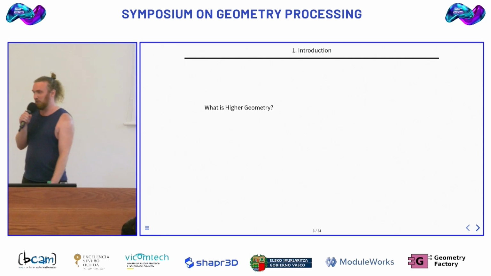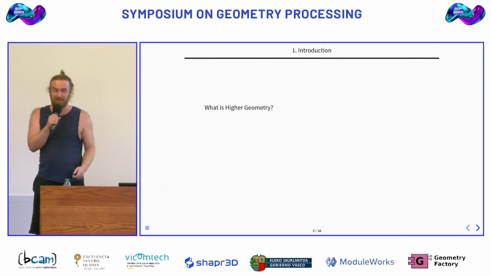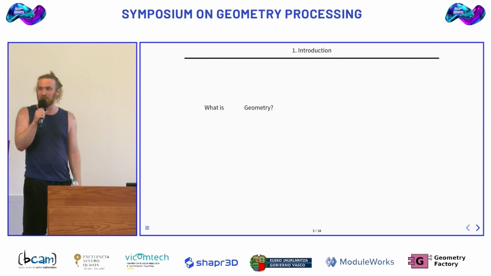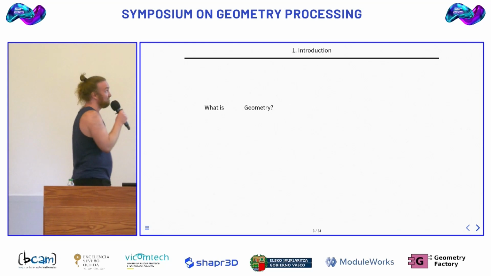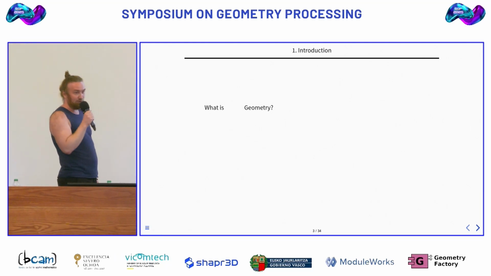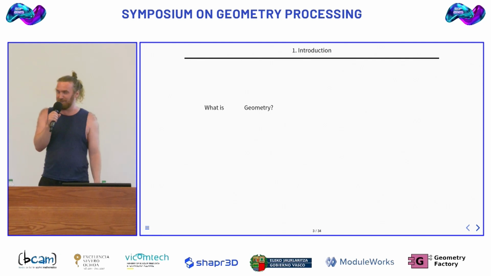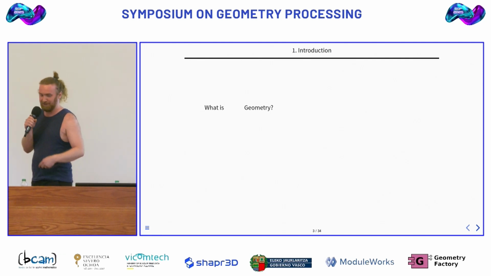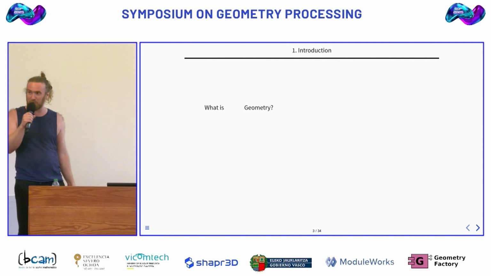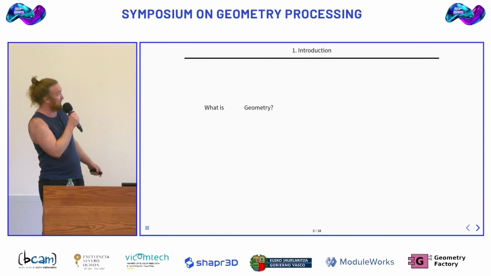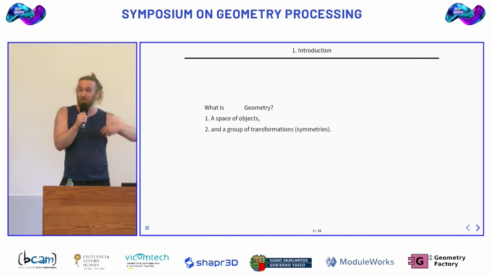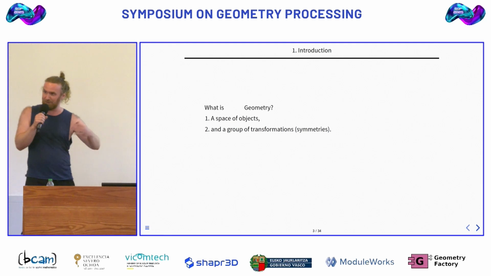Okay, what is higher geometry? It's a good question, but first we need to figure out what geometry actually is. I work with all sorts of people, and that means this question has all sorts of answers. Some people think graph theory in the plane is geometry and so on. So I'm just going to give you a definition for this talk, and for this talk you'll have to agree with me.